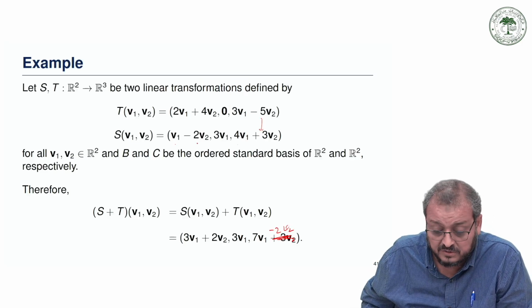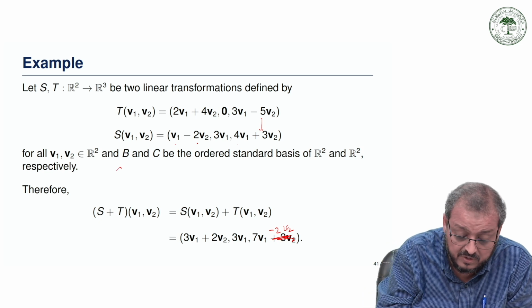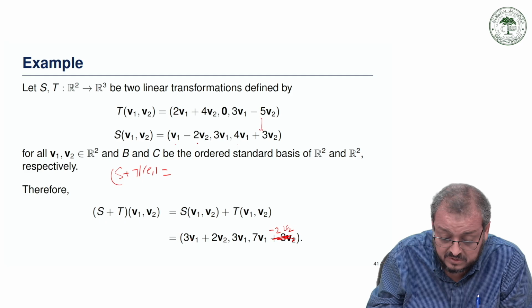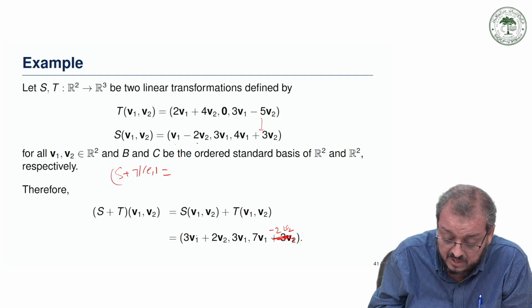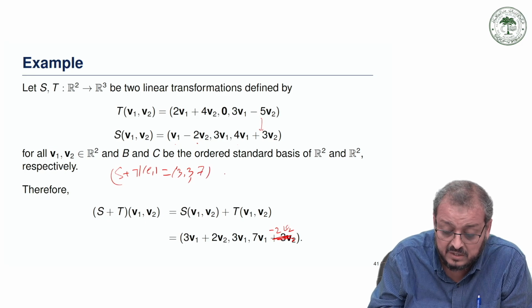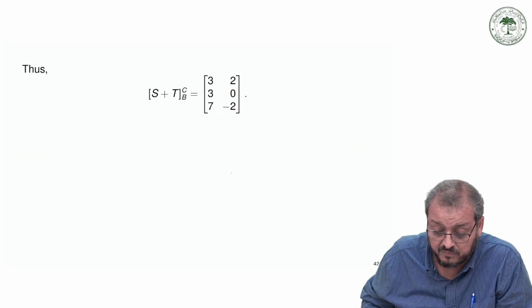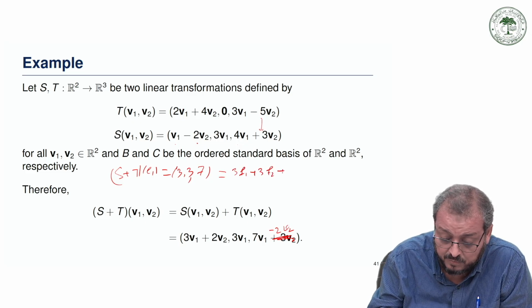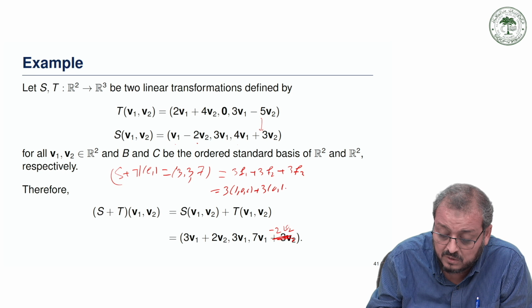So S plus T over E1, corresponding to E1, is (3, 3, 7). This can be written as 3 times F1 plus 3 times F2 plus 7 times F3, which is 3 times (1, 0, 0) plus 3 times (0, 1, 0) plus 7 times (0, 0, 1).